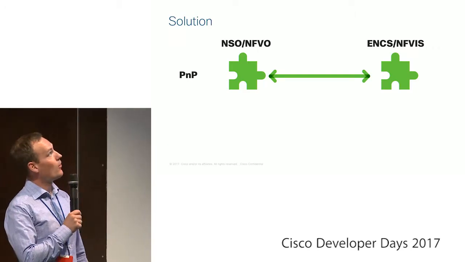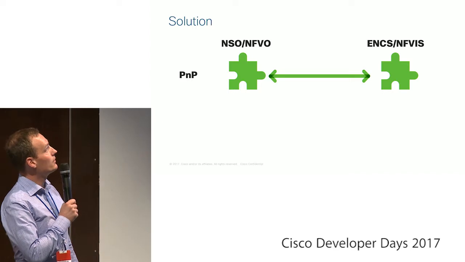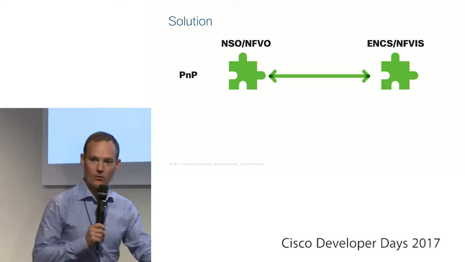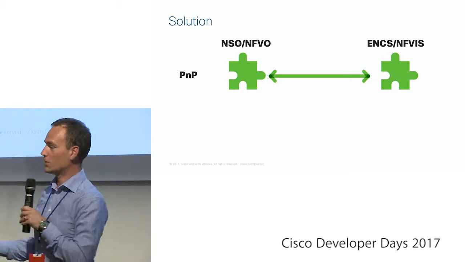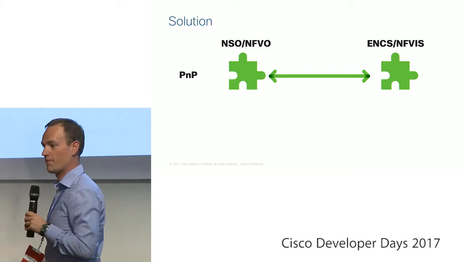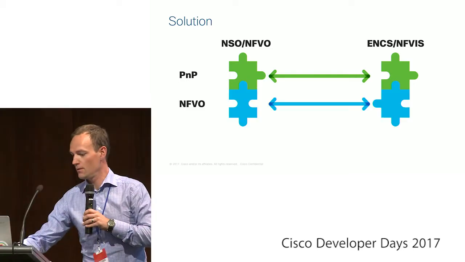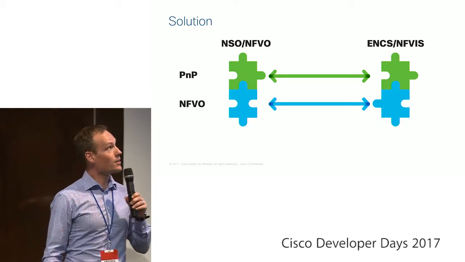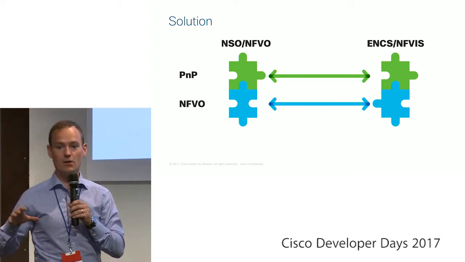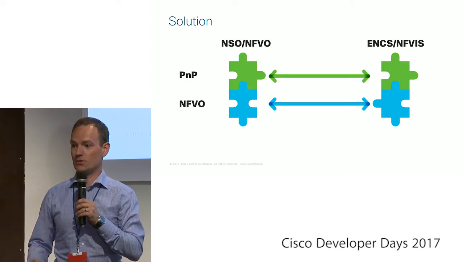So I just thought I'd walk you through what we're going to do. When you take one of these boxes to your office, you plug it in. What's going to happen is it's going to use PMP to call home to NSO. After that, you can use the NFVO function pack to start up these virtual machines on it.